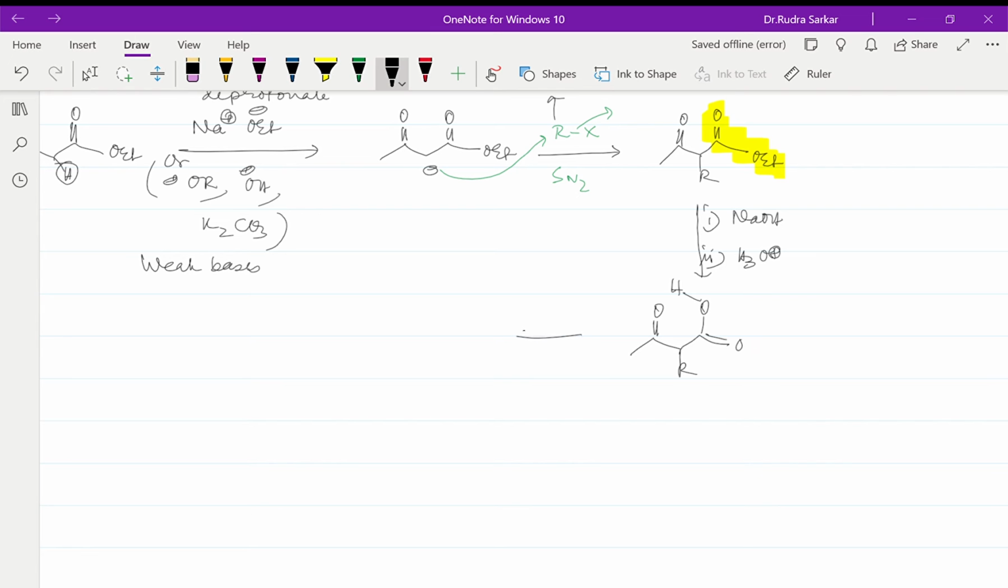Now this is a beta keto acid: this is alpha and this is beta.